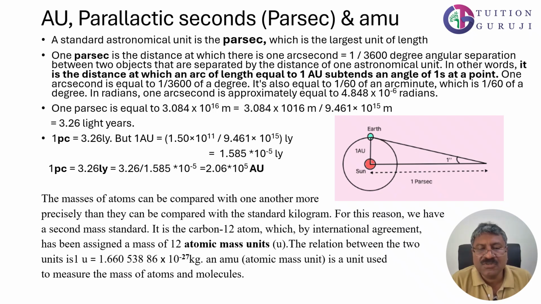That means one AMU is 1 by 12th the mass of a carbon-12 atom. The relation between the two units is 1 unit is equal to 1.66053886 into 10 raised to minus 27 kilogram. 1 AMU is used to measure the mass of atoms and molecules.